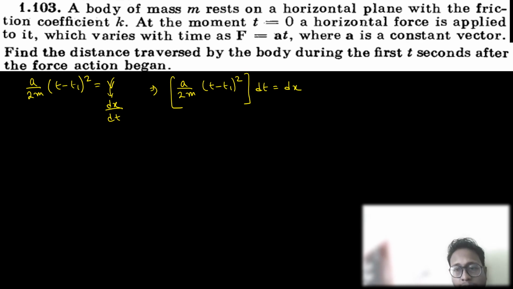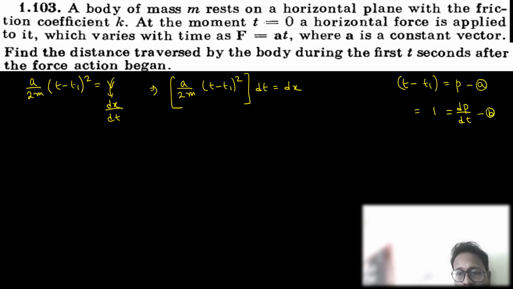Substitute t minus t1 as another variable p. Then we differentiate dp by dt, that means we differentiate this with respect to t, which is nothing but 1. So from this equation, dp is equal to dt.